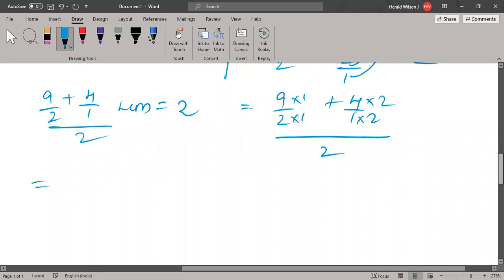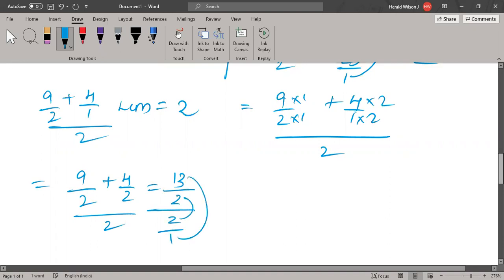So this will be equal to 9 by 2 plus 8 by 2, by 2. This is 10, 11, 12, 13. 13 by 2, the whole by 2 by 1. These two multiplied, 13 into 1 by 2 into 2. This is 13 by 4. Here, this is your second rational number.